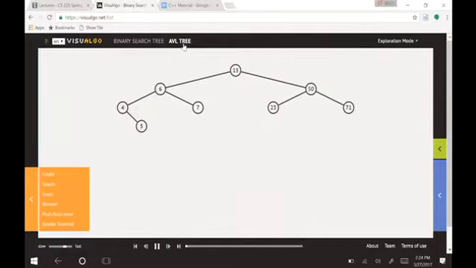We have to do a left rotation first. We can't. I don't like this tree. Let me reload again. Why do we always get the same one? Create random. All right, I like that one better.